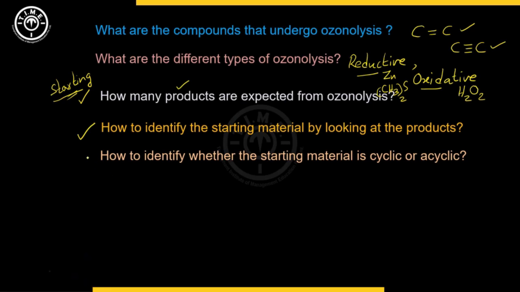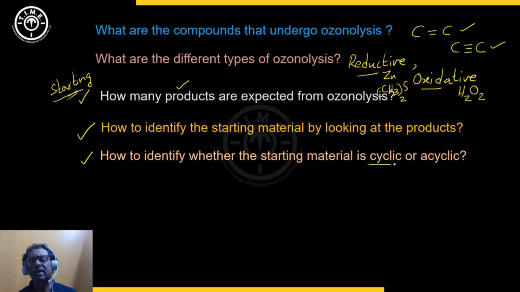Even this we mentioned in the previous session, that if it is cyclic, we'll get only one product for one unsaturation, whether it is a double bond or a triple bond. And for acyclic, it could break down into two products. So even this we had taken up.